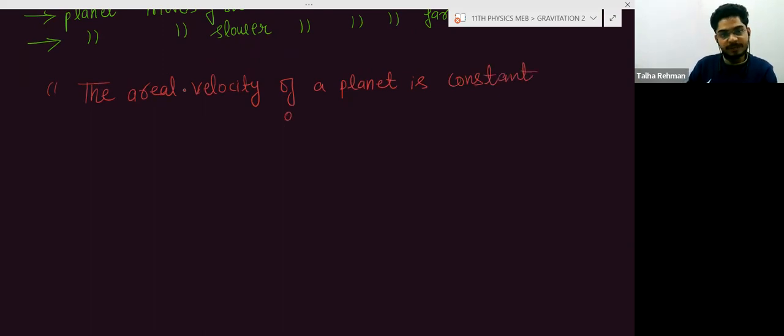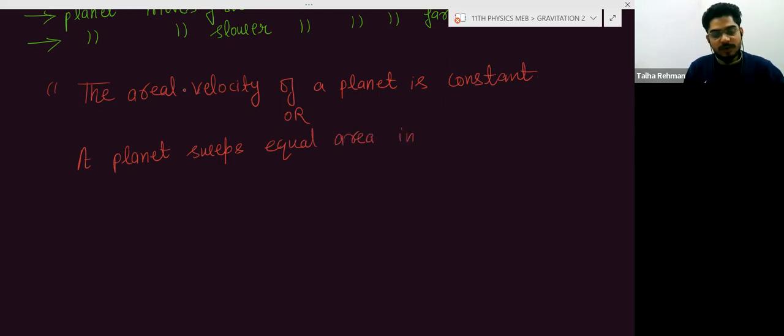Or you can say that a planet sweeps equal area in equal time interval.